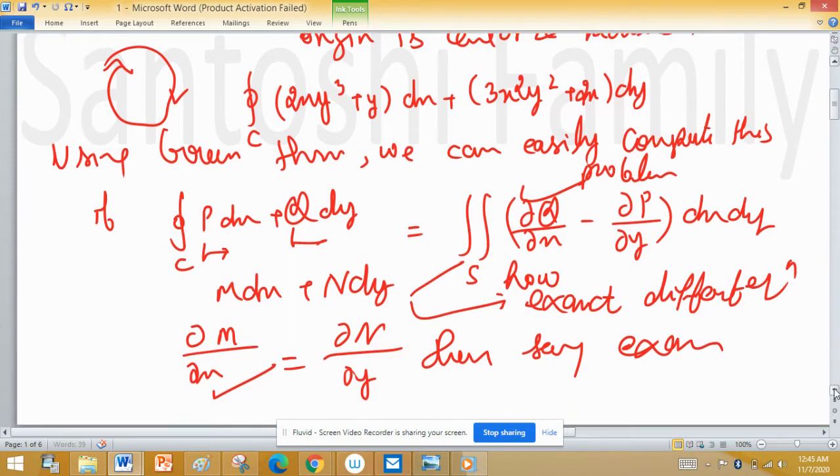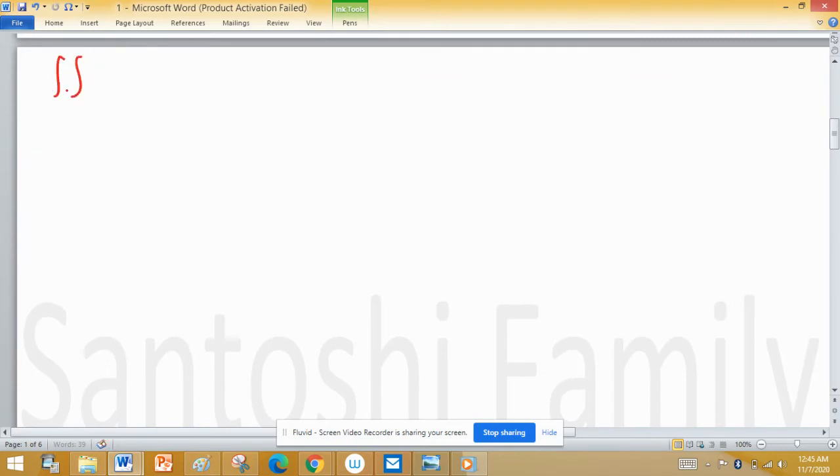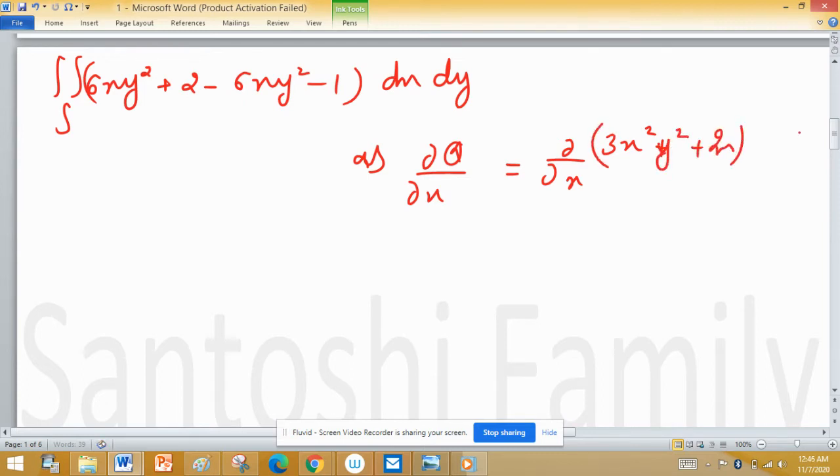So this surface integral is the double integral over S of (6xy square plus 2 minus 6xy square minus 1) dx dy, as partial Q with partial x equals partial upon partial x of 3x square y square plus 2x, as it is given to us.